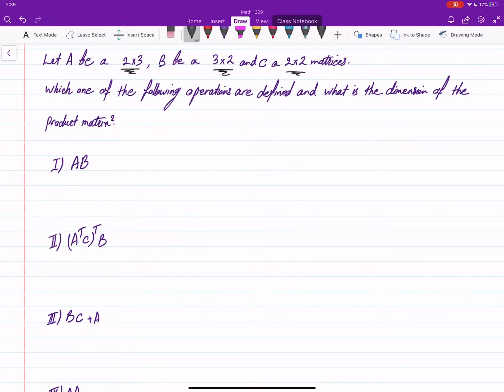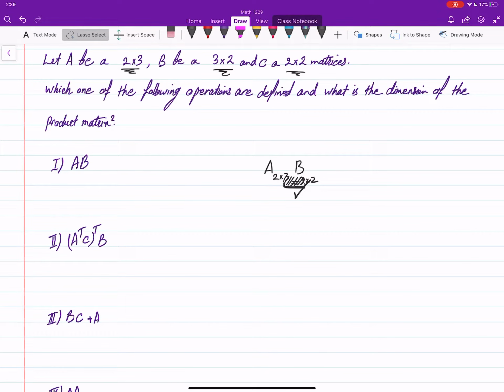Let us start with AB. So A is 2 by 3, B is 3 by 2. Then you see that two close by entries are the same. 3 is equal to 3. That means that yes, it is defined. And what is the dimension of the product matrix?